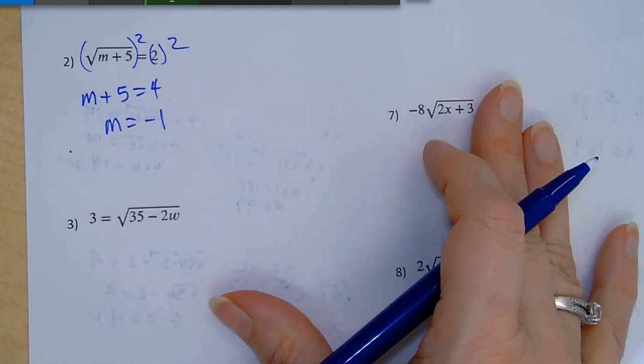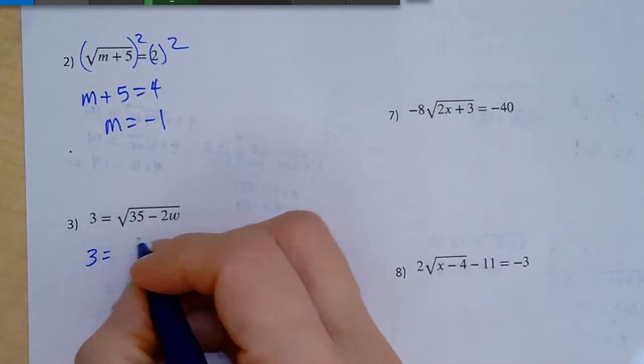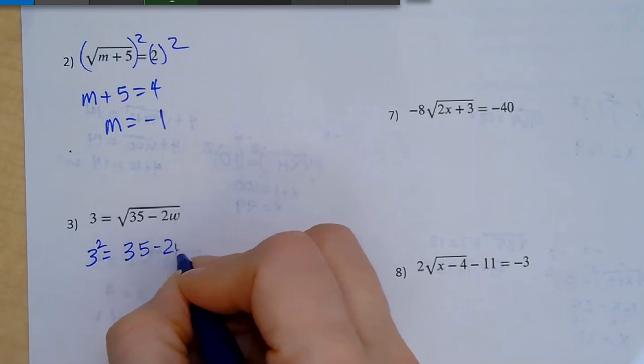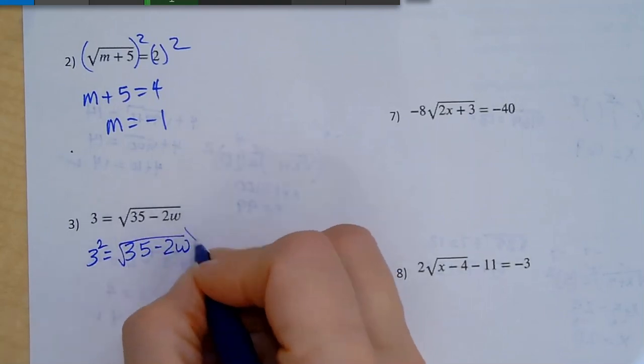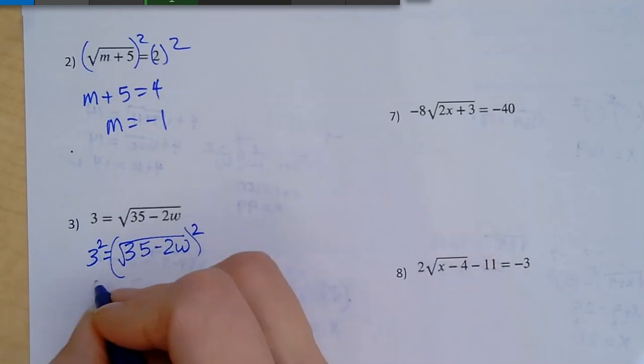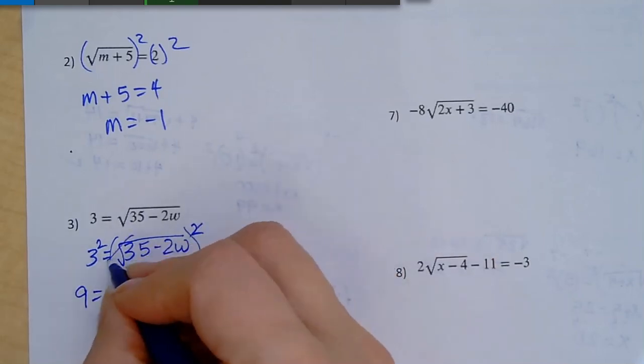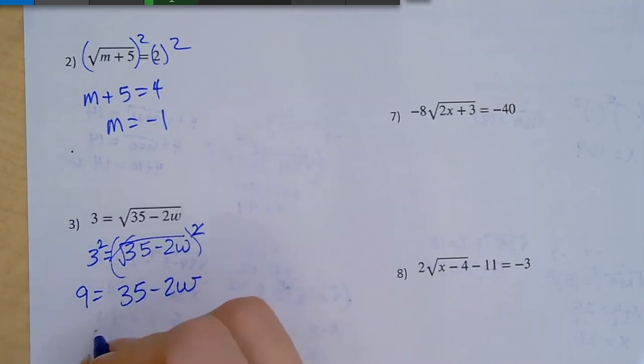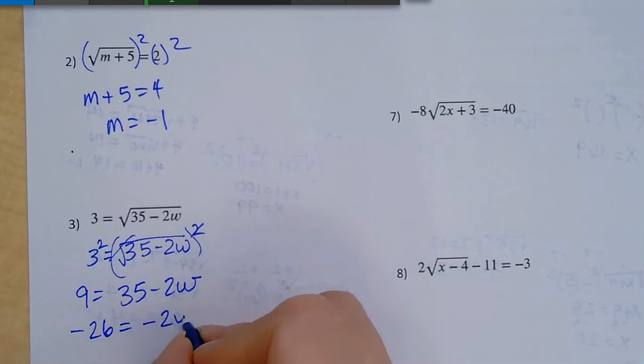Square each side here. I'm going to get 3 squared equals 35 minus 2w, square root, all squared. So 9 equals, those cancel, 35 minus 2w. Subtract 35 from each side, so I get negative 26 equals negative 2w.